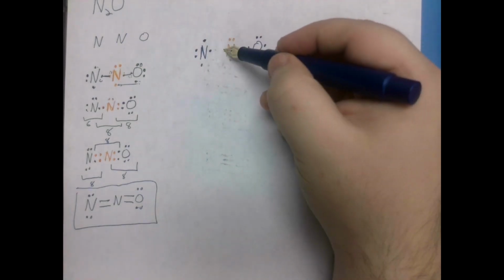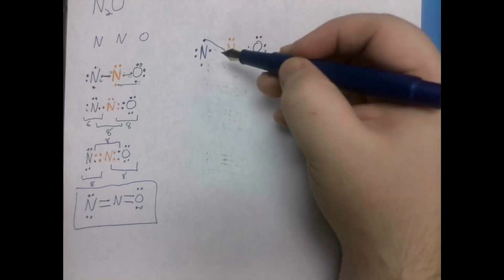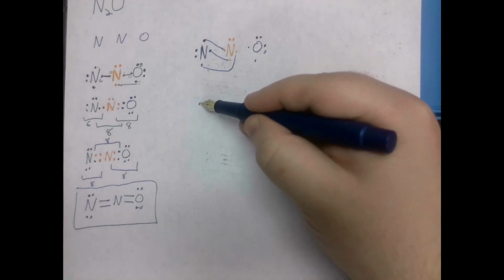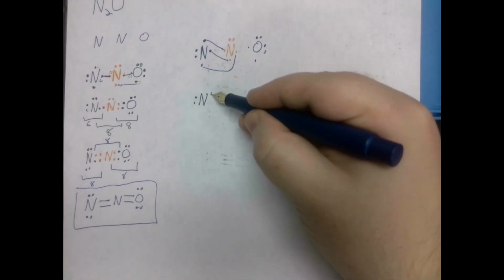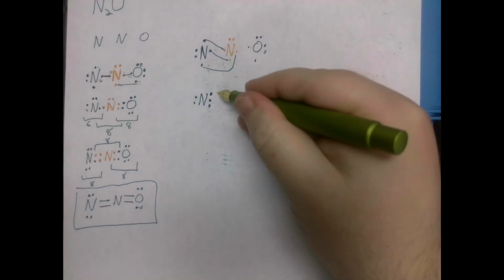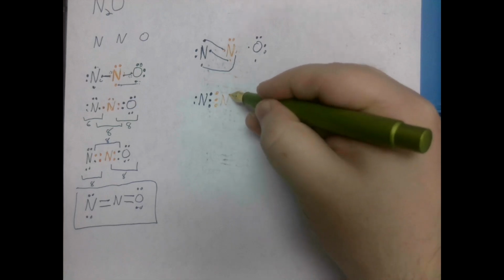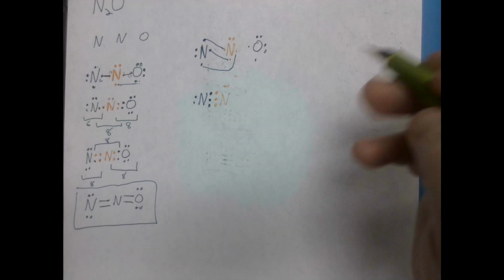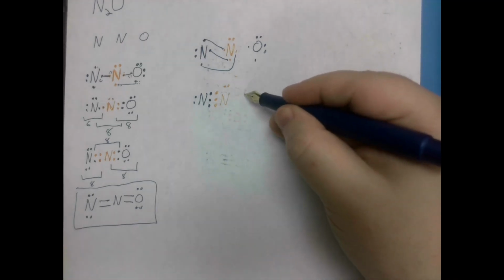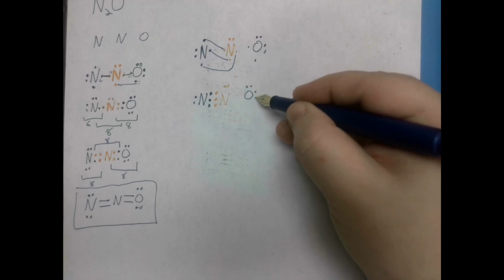So what I'm going to do is go ahead and do the triple bond and see if I can work from there. So these two are going to match up. These two are going to match up. And these two are going to pair off. So I'm left with a bond right here, these 3 on this side, these 3 over here, these 2 on top. And then I'm left with oxygen over here by itself.